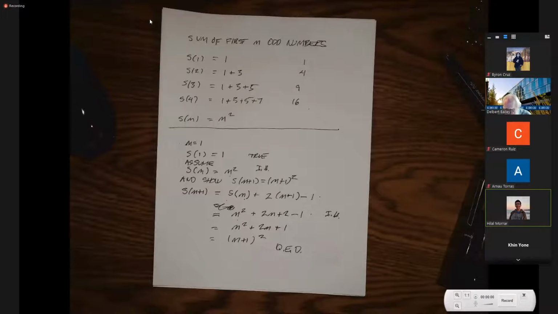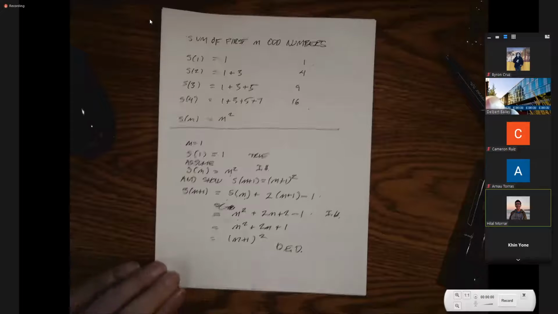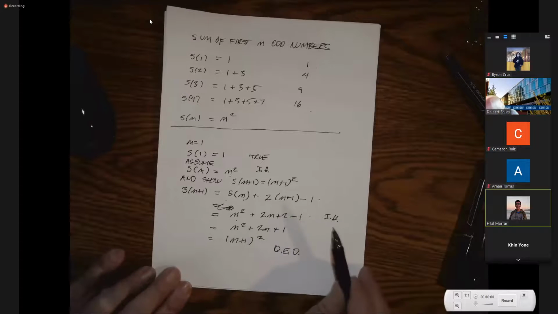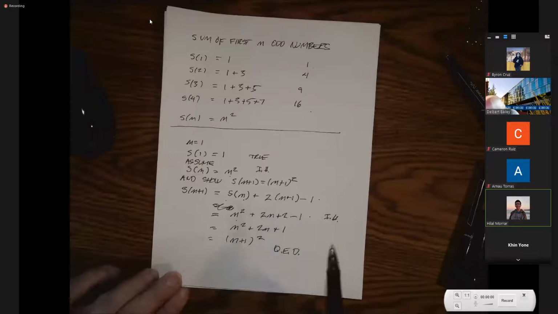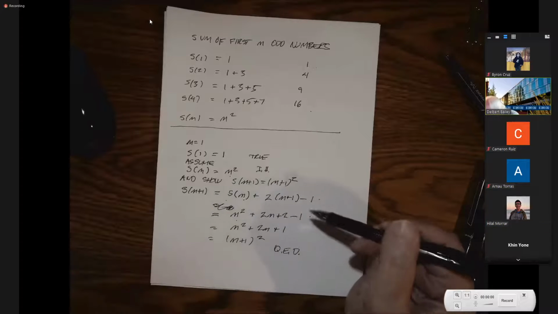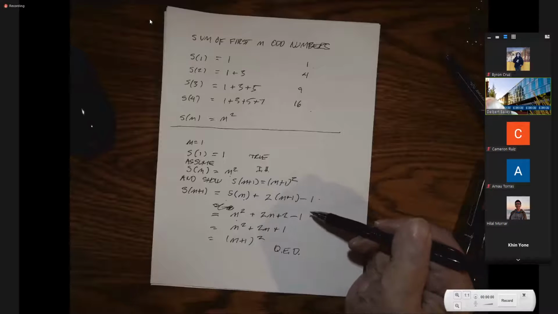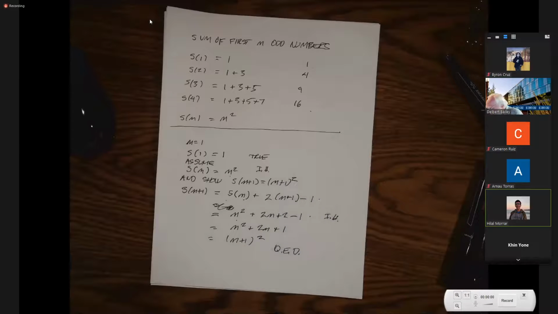Is there a reason why you did 2 times (n plus 1) minus 1 instead of plus 1 outside the parentheses? Here, at the very right side. Is there a reason why you did minus 1 instead of plus 1? Okay, well, if you do plus 1, it's not going to be the next one, is it? The math wouldn't work out, but the definition of an odd number is 2 times some number plus 1 or minus 1.